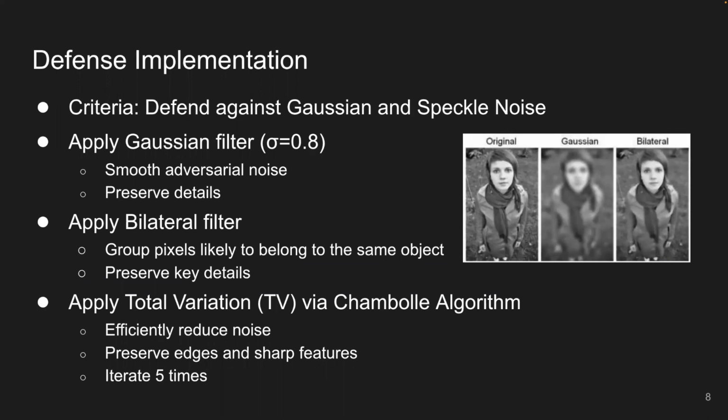In other words, the algorithm attempts to smooth the image while ensuring that the denoised image remains faithful to the original noisy image. The result is an image with reduced noise that retains its important details. Because the Chambolle algorithm was designed to be efficient and iterative, we choose to apply TV denoising to an input image 5 times. This amount appears to achieve a usable balance between reducing noise and preserving key details. Next slide, please.